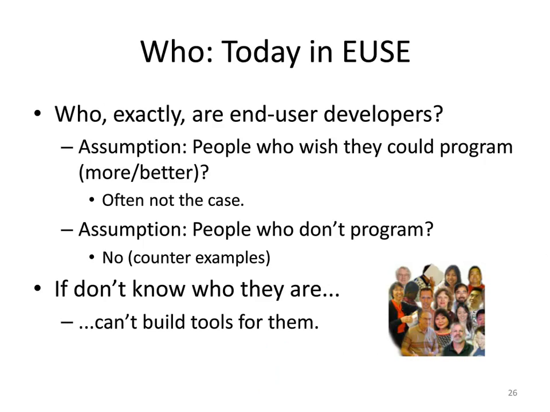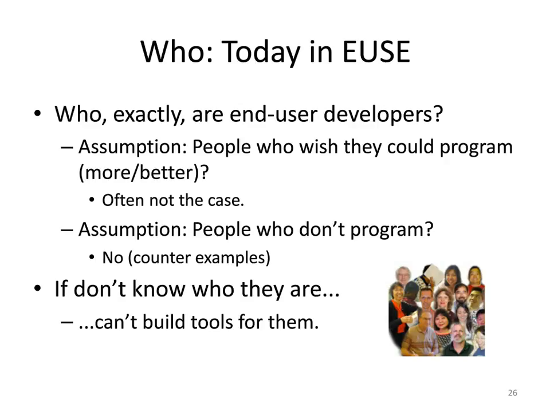So who exactly are these end-user developers? Well, first I'm going to talk about some assumptions that are not true. One assumption that you sometimes see is that people think they're people who wish they could program better. But this is often not the case, so that assumption is not good. In fact, there's a different name for people like that. They're called novice programmers. That's not normally who end-user developers are.